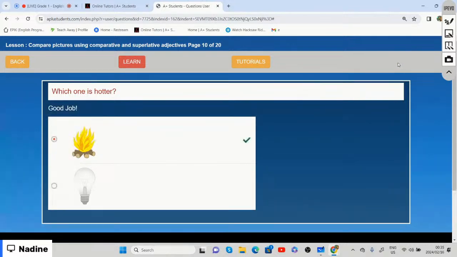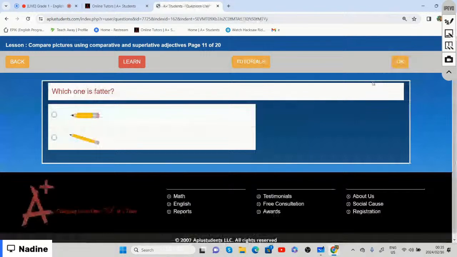And the campfire is hotter. And if we say which one is fatter, we'll say the first one is fatter.